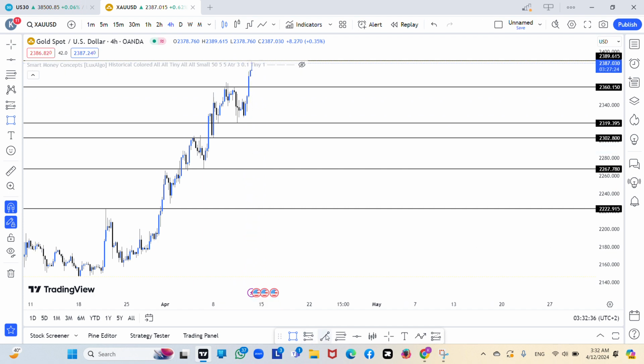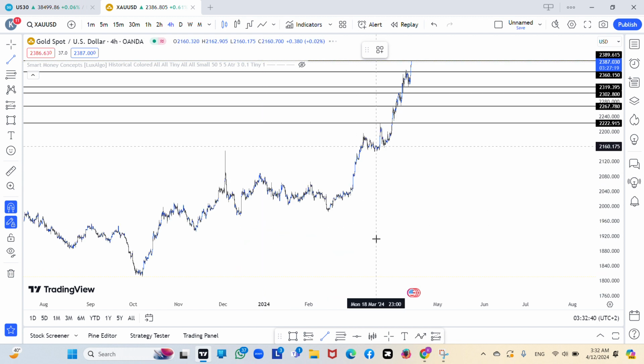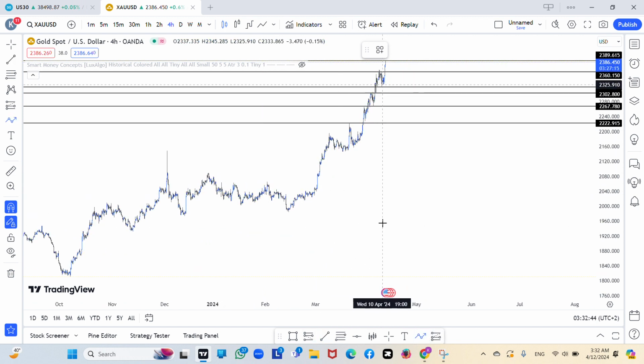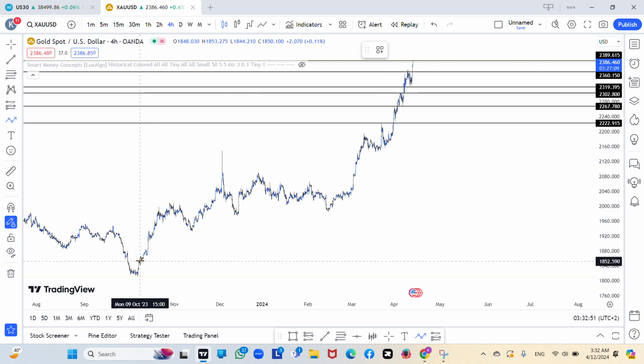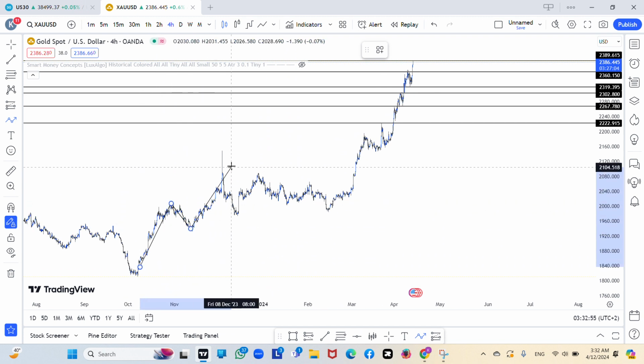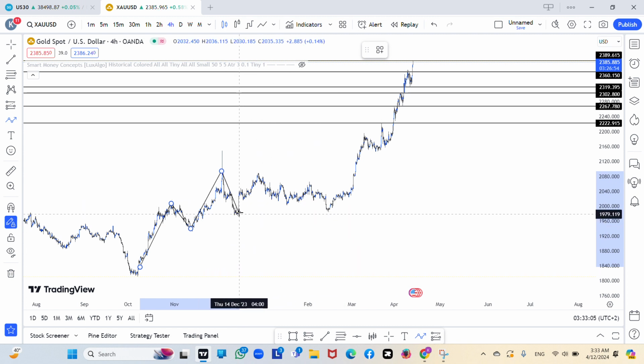So guys, we can identify here that gold has been bullish, ever since. So let's turn off the magnet. Gold has been bullish. As you see, we had this impulse and correction, and this impulse and correction, and as you can see, price corrected, right?